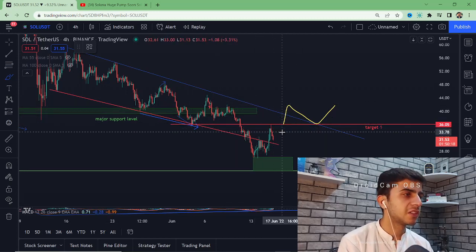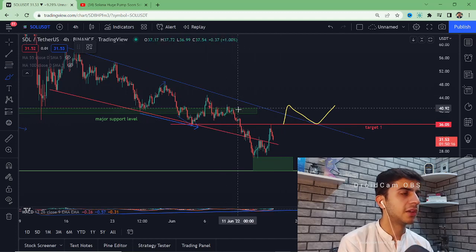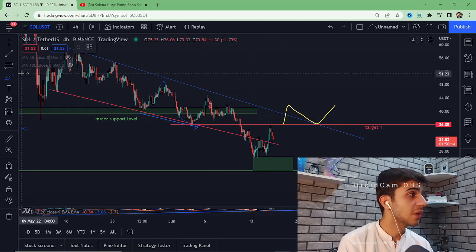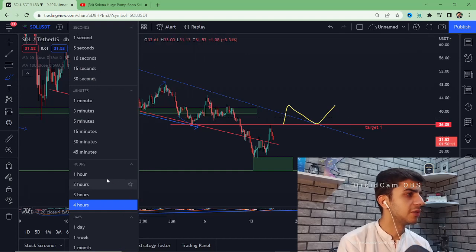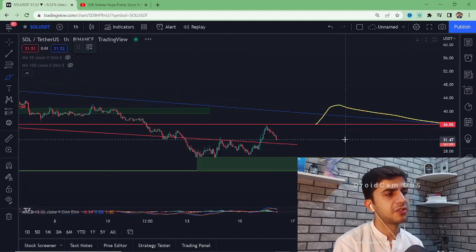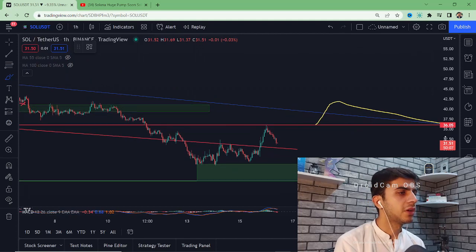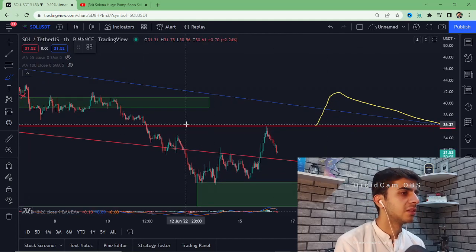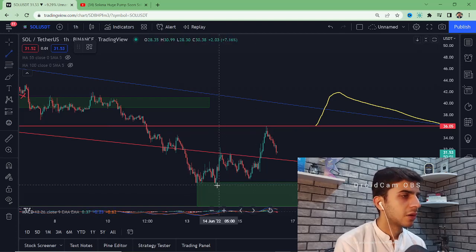This is bearish in relation to this one. But if you jump to the 1-hour time frame, you'll see a different story. On the 1-hour time frame, this seems to be a higher high for the local time frame.